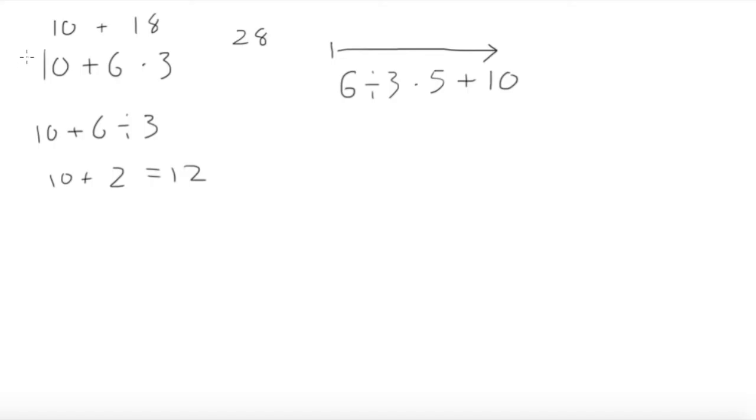Right? And normally, you might be thinking, well, why didn't you do it over here? Why did you do these ones and then the 10? Well, that's because even though you're supposed to do left to right, this multiplication supersedes or overpowers the rule.